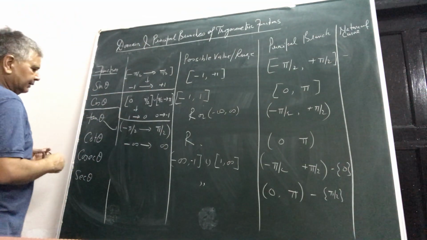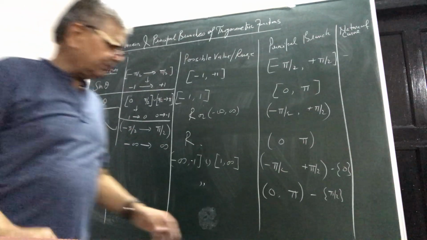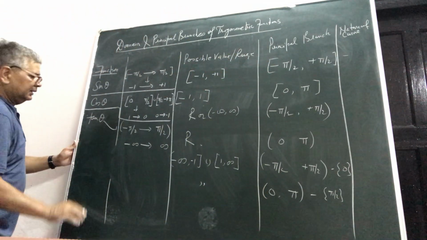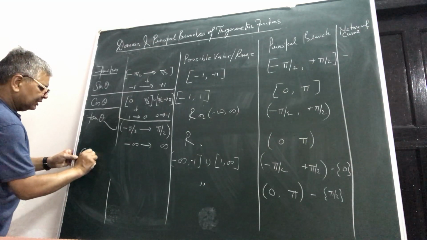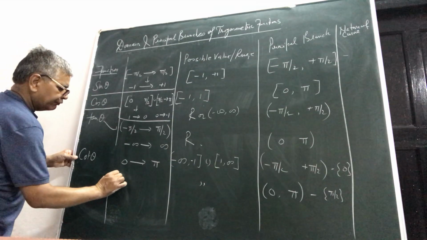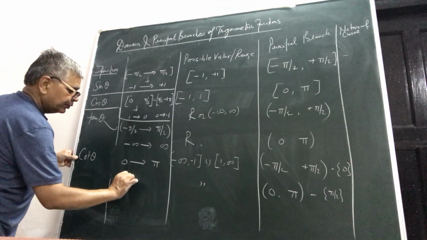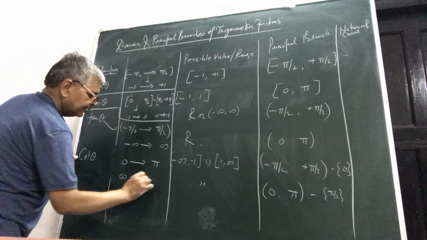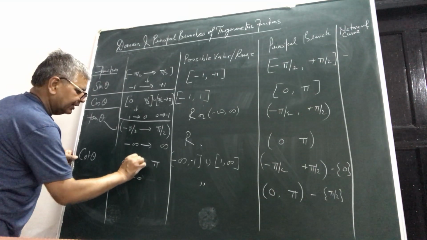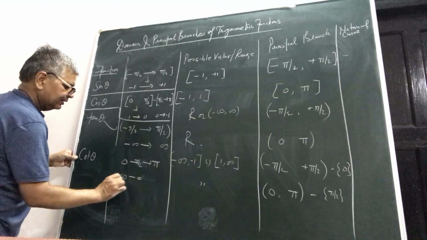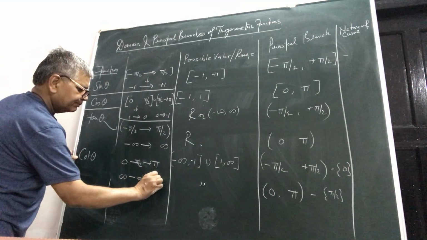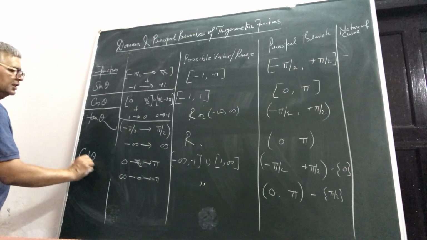For cot theta, as you go from 0 to pi, the value will go from infinity to minus infinity. Infinity to 0 in between, putting 0 to pi by 2 and then to pi, so infinity to 0, and 0 to minus infinity. This is what cot theta does.